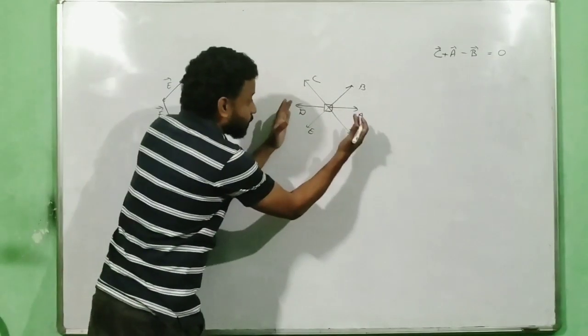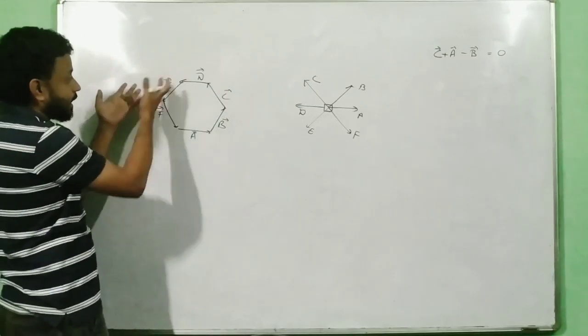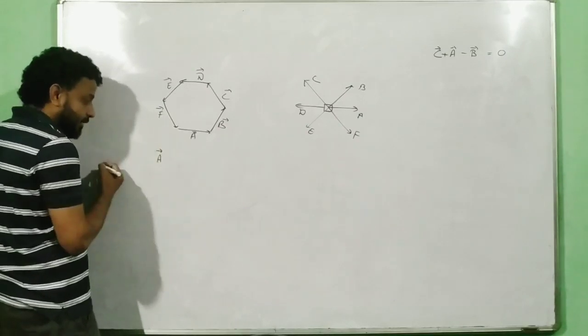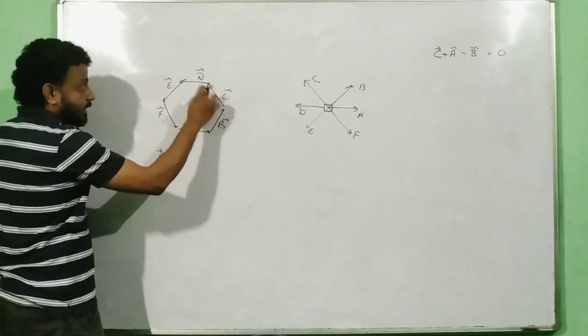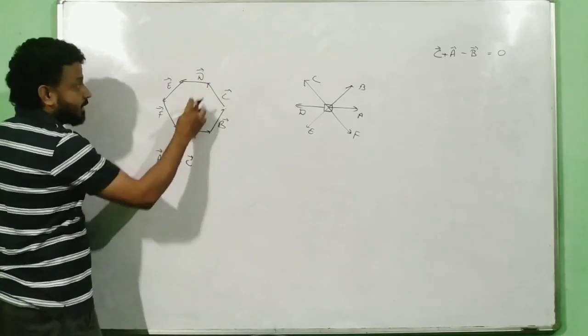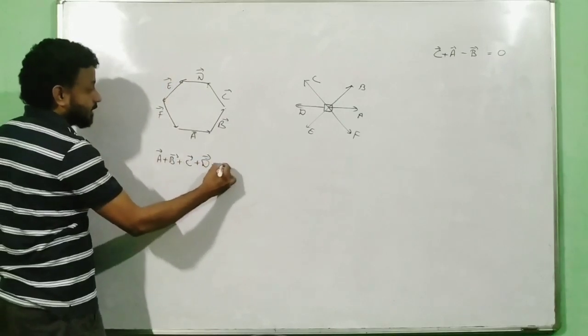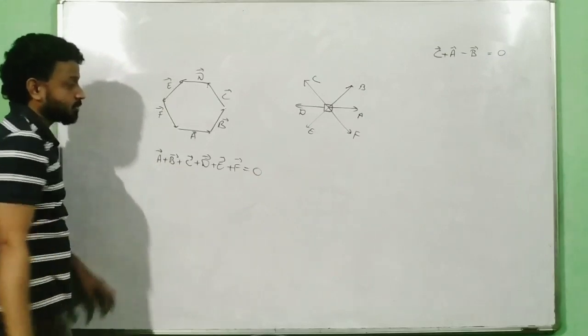So when we try to draw a diagram of this to get an idea of the resultant, we see that we draw it and we end up like this. So now if I have to write, I will write like this: A vector, tail head, tail head, tail head, tail head, tail head equals to 0.